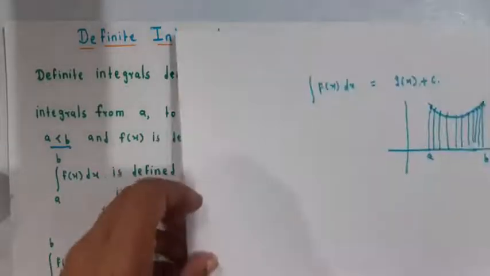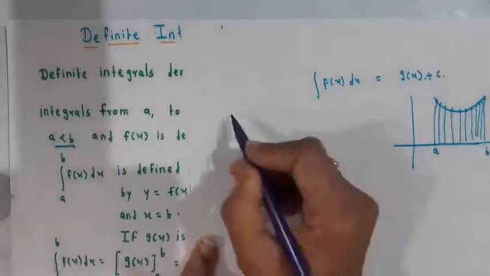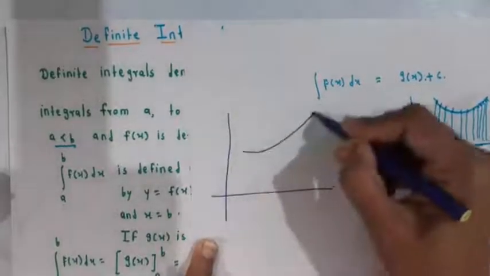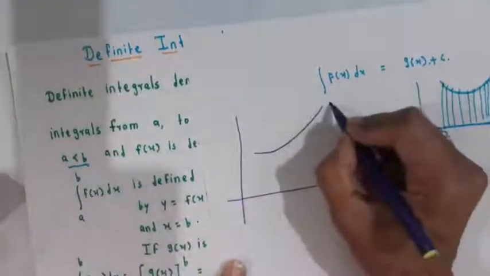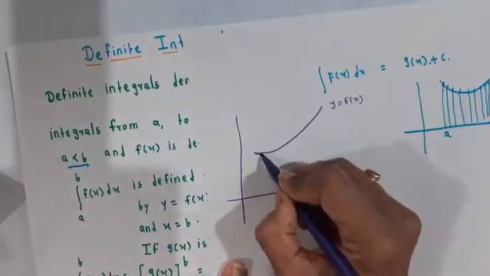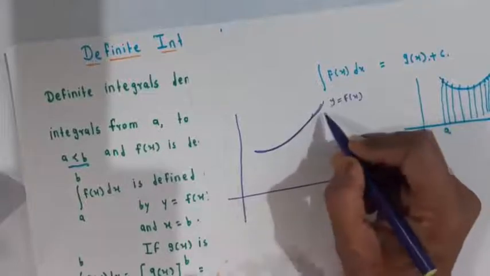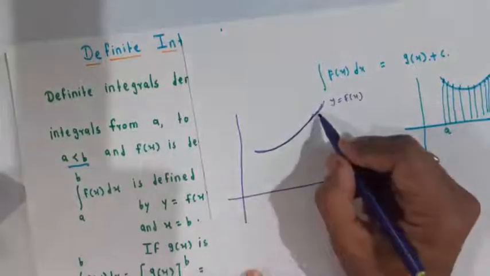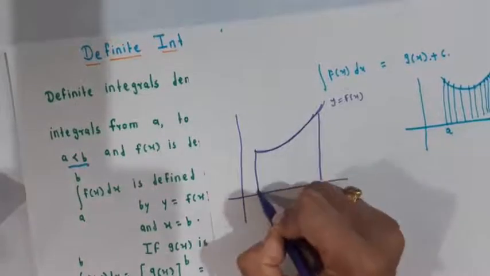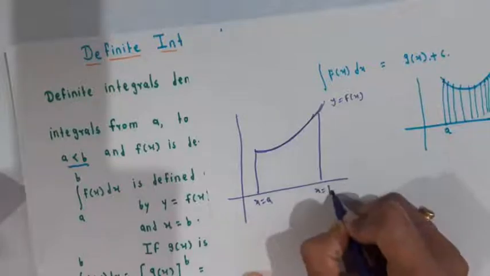Okay students, so suppose this is the curve y equal to f of x, and suppose we have to find the area on the x-axis from x equal to a to x equal to b.